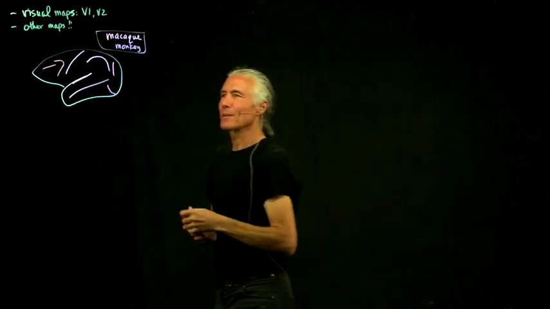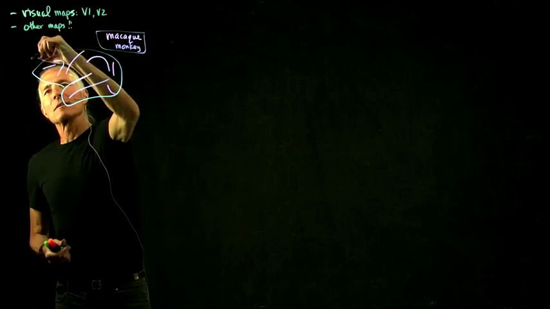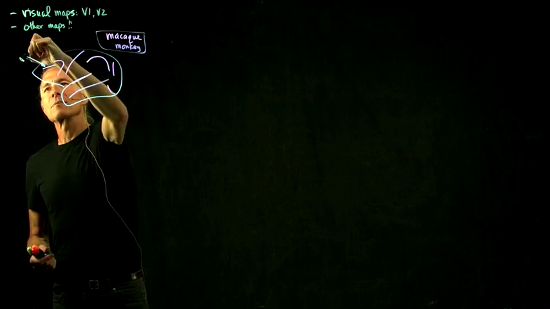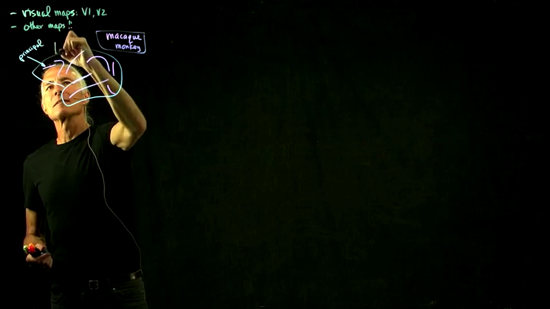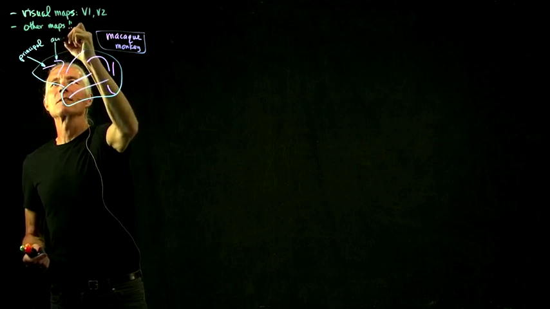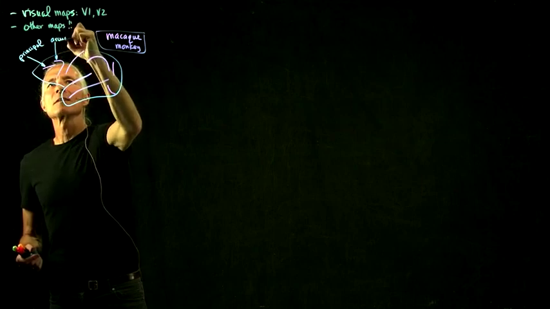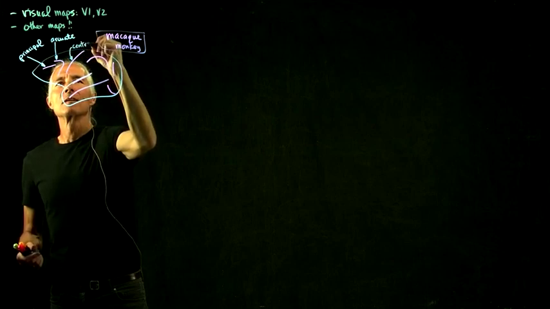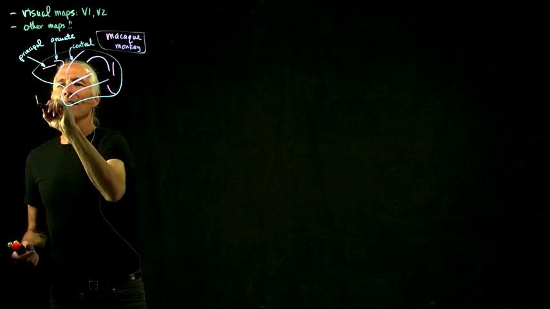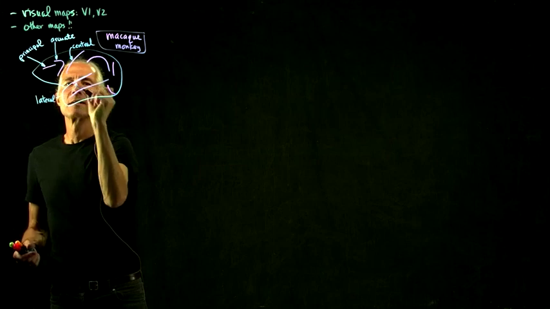So let's label them all. This guy is the principal sulcus. And this guy is the arcuate because it's kind of arcuate. This guy is the central. That's an easy one. And then we have the lateral sulcus or the Sylvian sulcus. That's this guy.